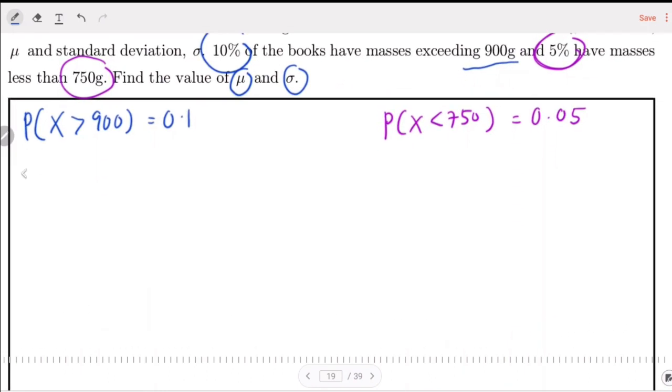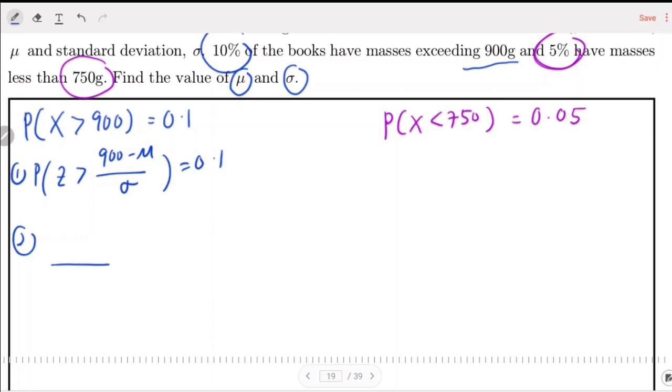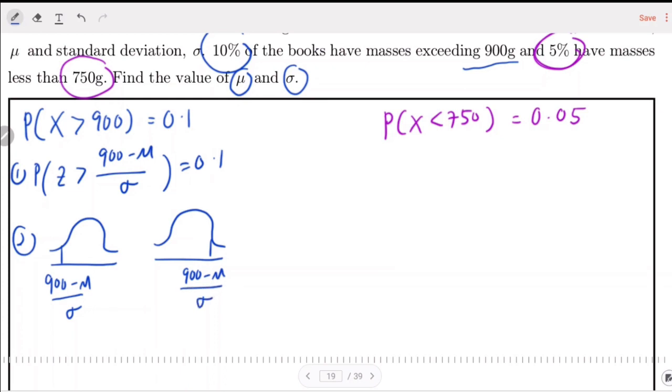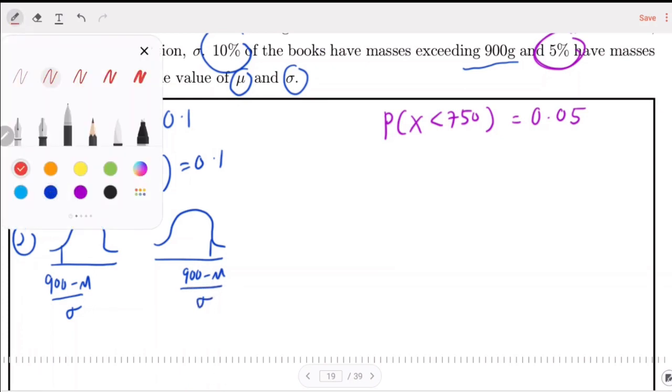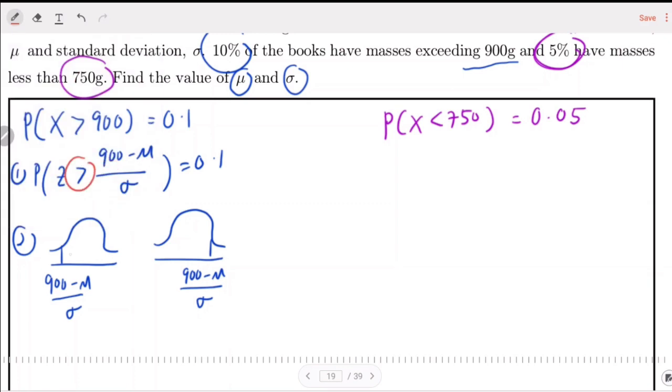So for the first one, as usual, we're going to standardize. But since our mu is unknown, and sigma is also unknown, just put it like that. The second step is to sketch the bell shape and check which one is logical for the shaded region. So the shaded region is going to be on the right, Z greater than.